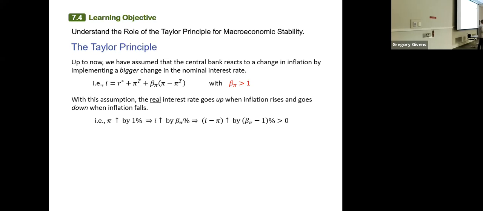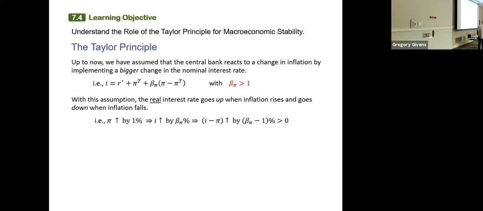What does that mean is going to happen then to the real interest rate? The real interest rate is the nominal rate minus inflation. If inflation rises by 1%, that causes the real interest rate to decline by 1%. But if the nominal rate rises by beta pi percent, that causes the real rate to rise by beta pi percent. What is the net effect?